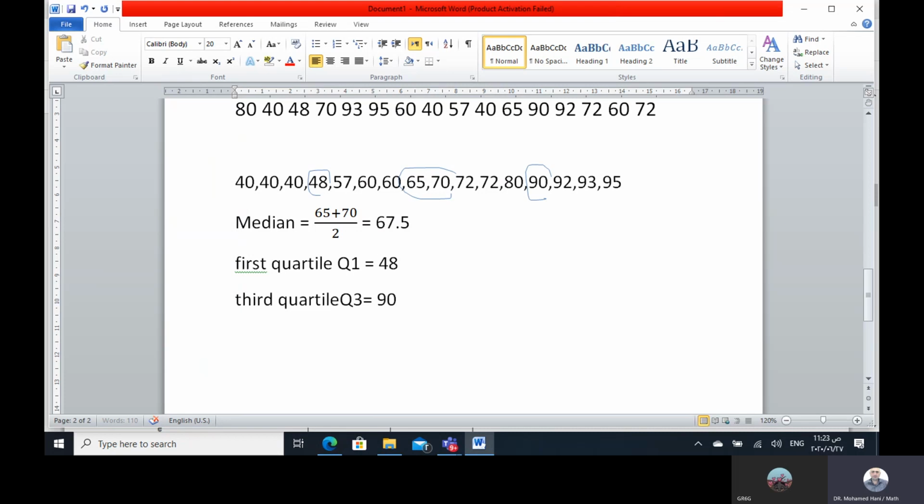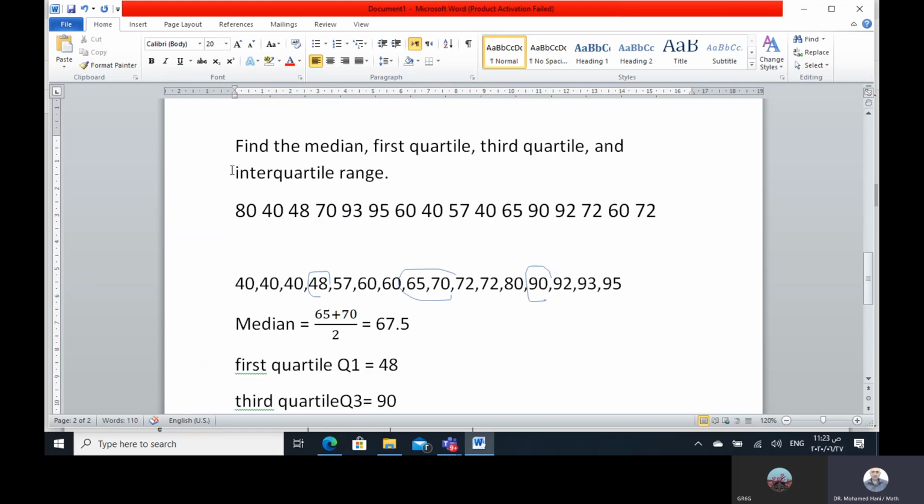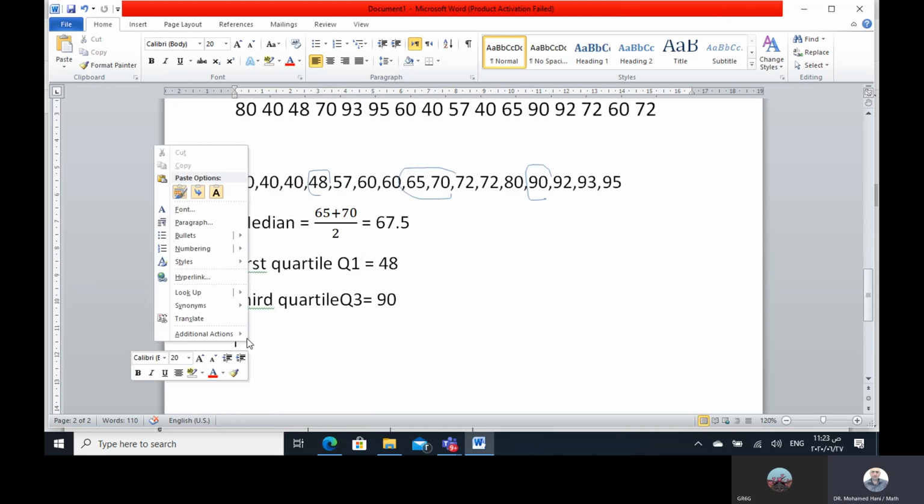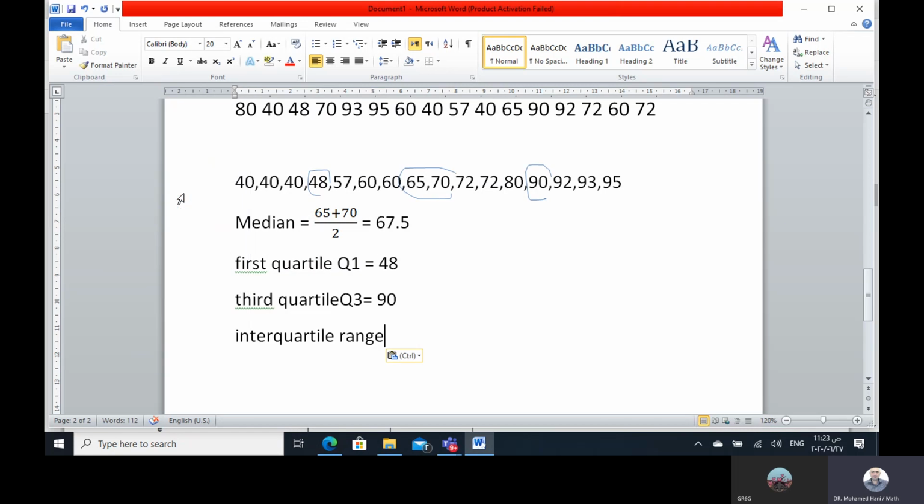Now, how to find the interquartile range. IQR equals Q3 minus Q1.